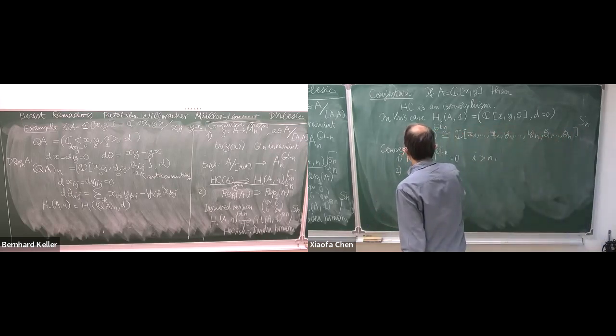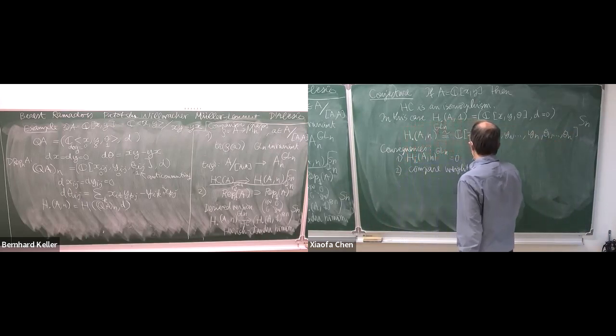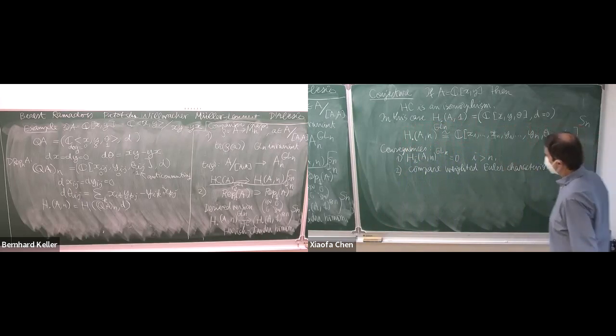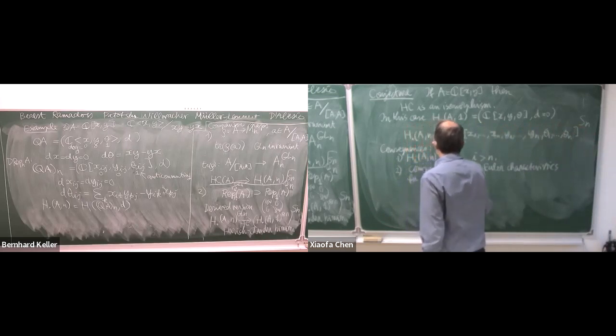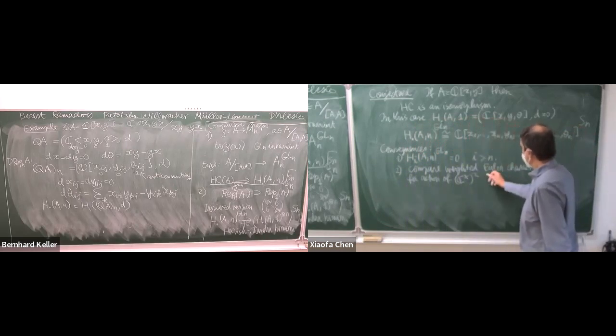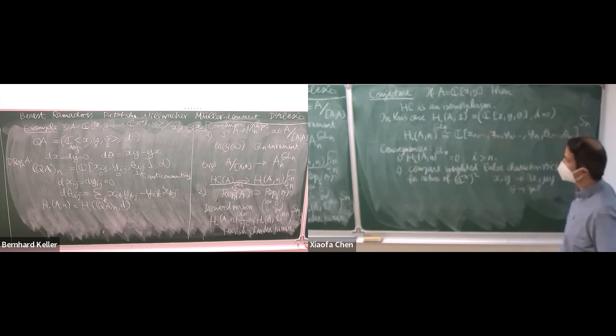Compare weighted all the characteristics for a torus action. So x, y, and theta will go to lambda. So everything is equivariant for these actions.